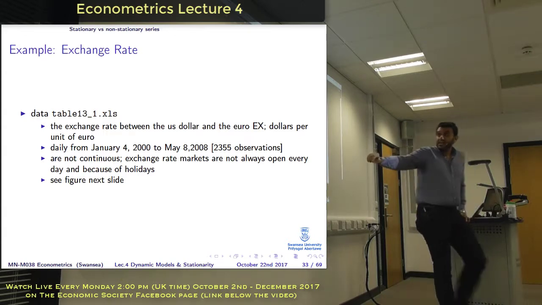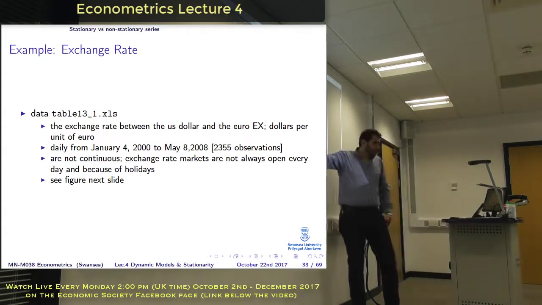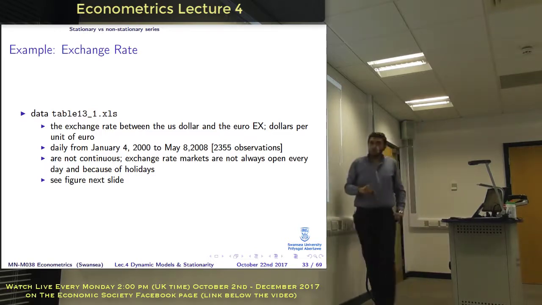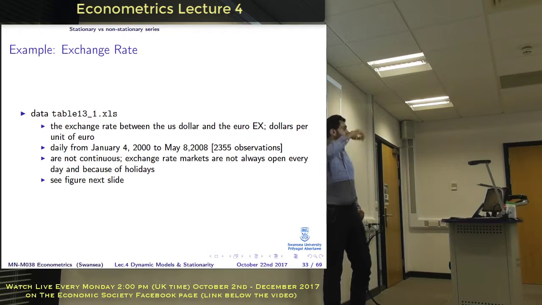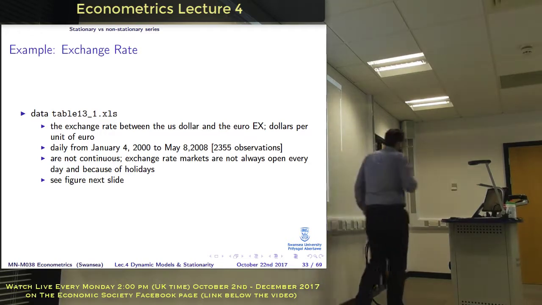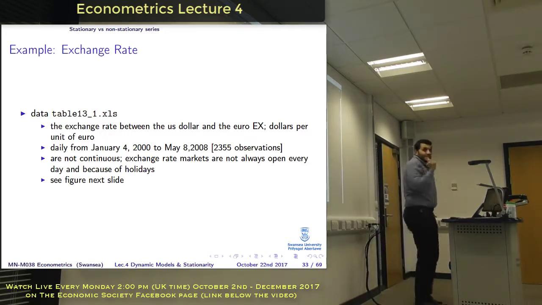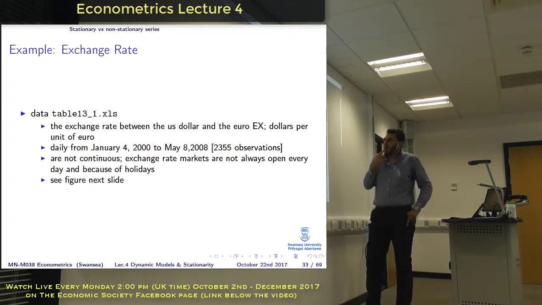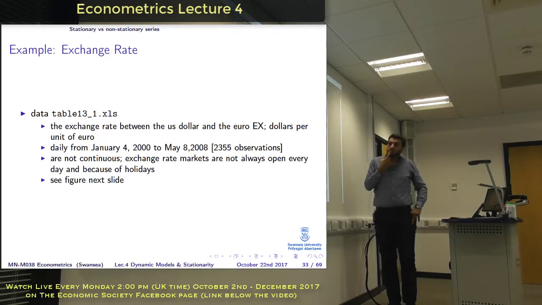But before I do that, this is the data we'll use in this part of the lecture. And by the way, the data is now on Blackboard under the folder data sets. This data is about the exchange rate between the US dollar and the euro.